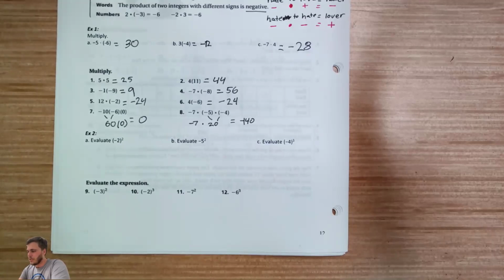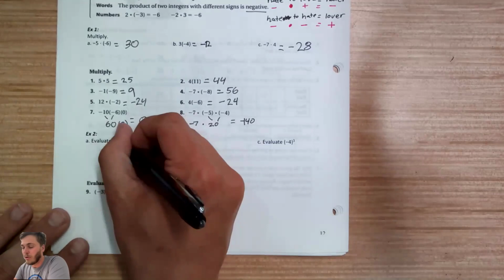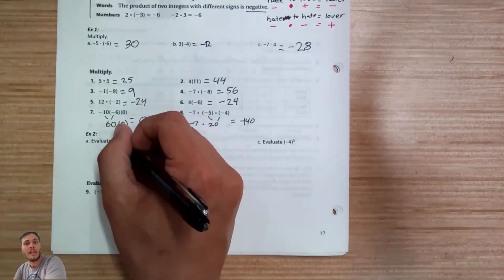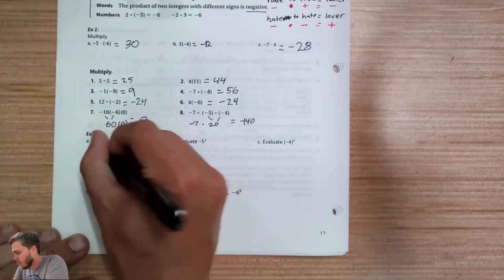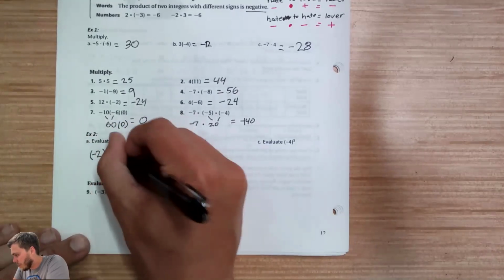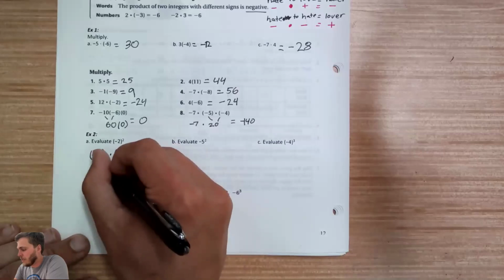So in this first one, we have -2 in parentheses raised to the power of 2. So the whole thing is raised to the second power. Since order of operations is parentheses, then exponents, we have -2 times -2. Well, -2 times -2 gives us +4.